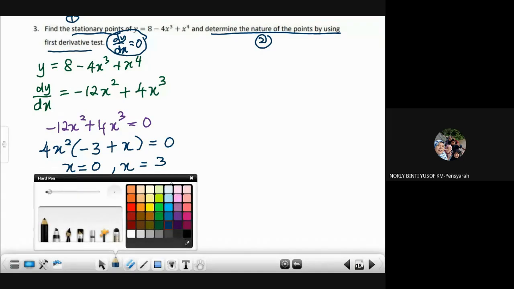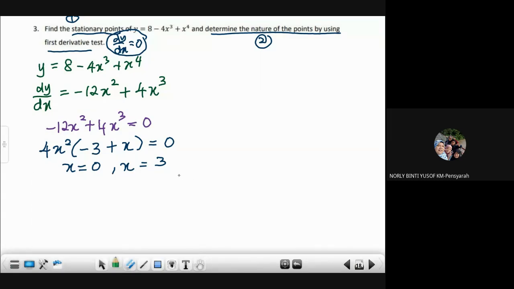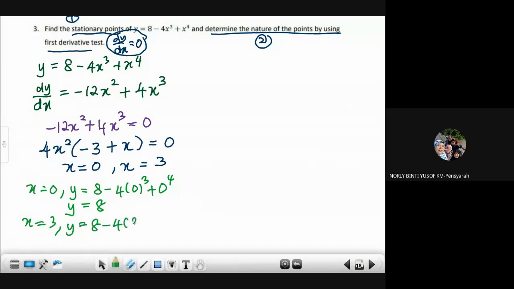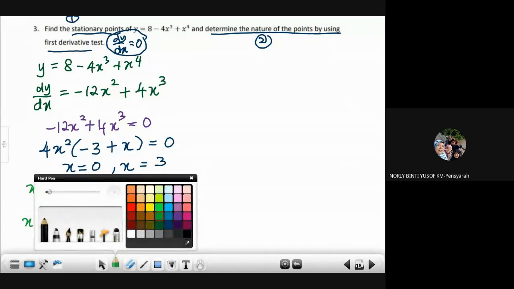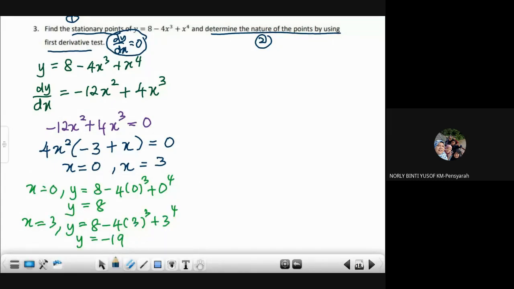Okay, and then dapat dua nilai x, kena cari pasangan y dia. So x 0, y masukkan 8 tolak 4 kali 0 plus 0 power 4, you akan dapat 8. And then x 3, y equals 8 minus 4 kali 3 power 3 plus 3 power 4. So you akan dapat negative 19. So you cakap lah stationary point you.